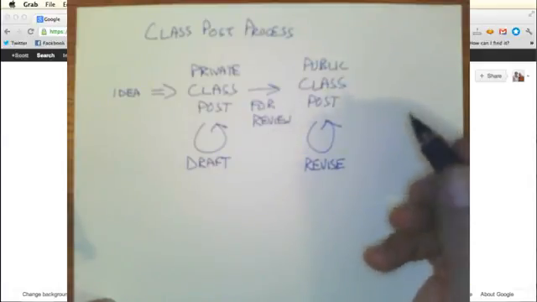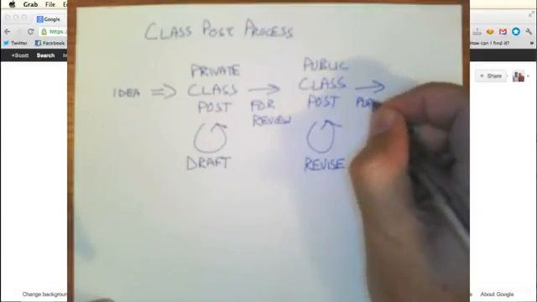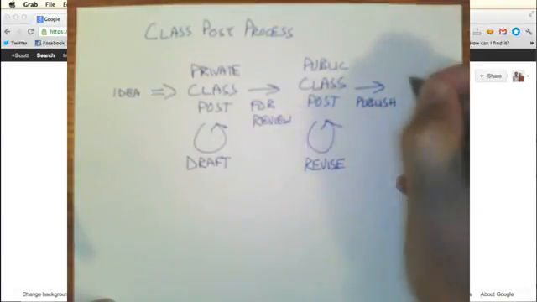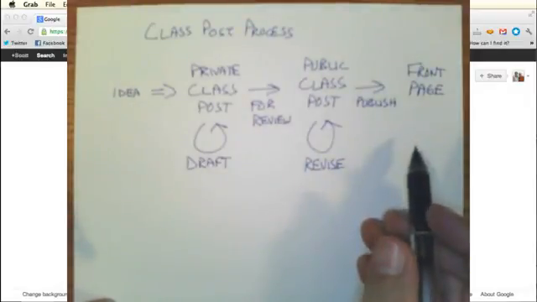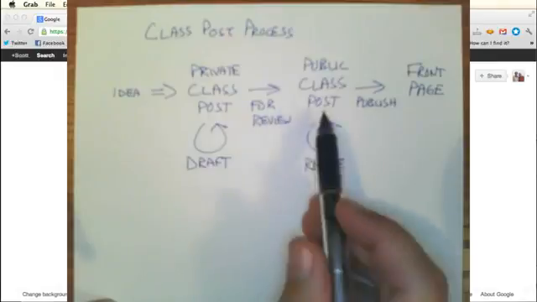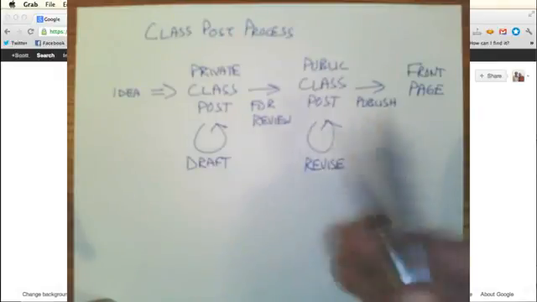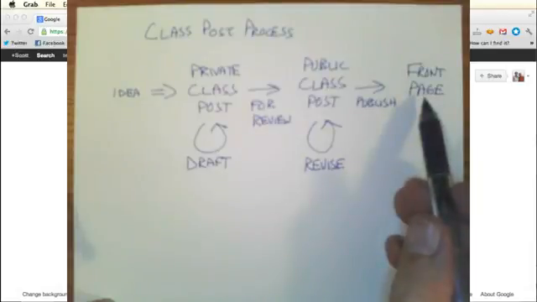Once it's ready for final submission, you publish it, and it becomes a class post on the front page of the website. This is the general process that you'll go through dozens of times throughout the semester, from idea to a private draft to a public, reviewable, critiquable class post, then finally published on the front page.